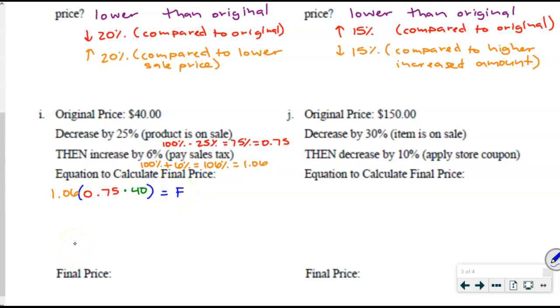So when I simplify this calculation, 0.75 times 40, which is then multiplied by 1.06, I end up with 31.8. Or in other words, the final price is $31.80.